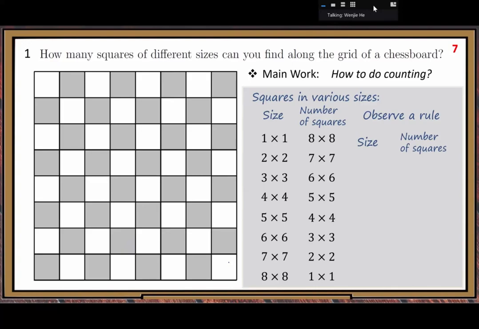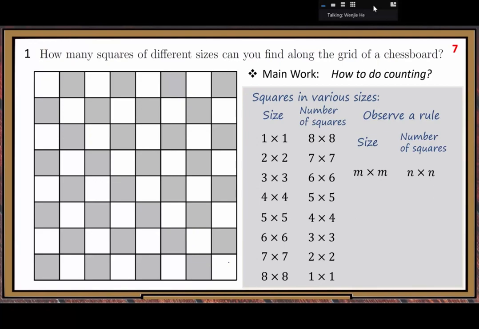For the number of squares in the 2-dimensional case, I only take the 1-dimension number, because I want to find a relationship between these two numbers. Let us use a general representation: size n by n, representing all 8 different sizes. For the number of squares, let us use m times m, a general expression.